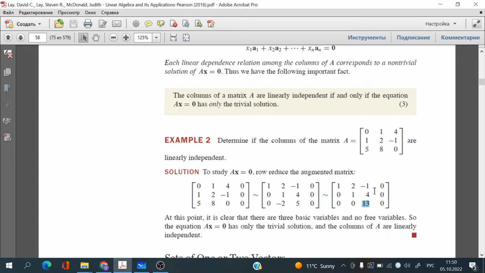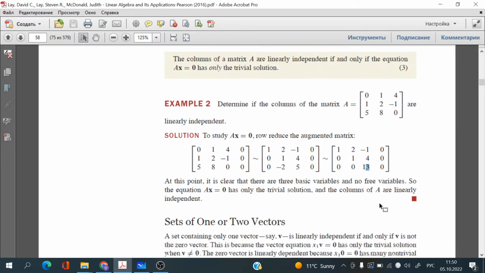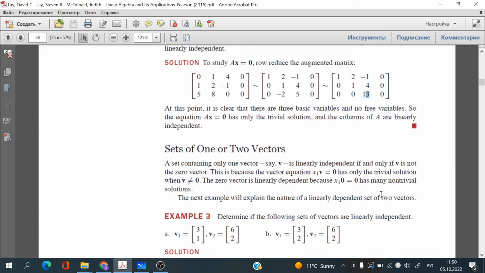Basically, you have a pivot in every column, so there is no way that you're going to get free variables. Therefore, the columns of the matrix are said to be linearly independent. Always, please try to make a sequence of logic.